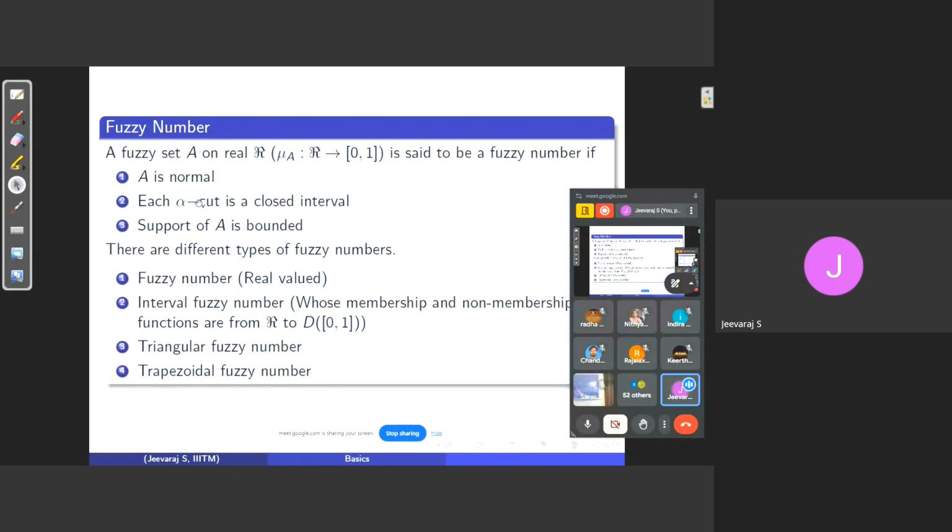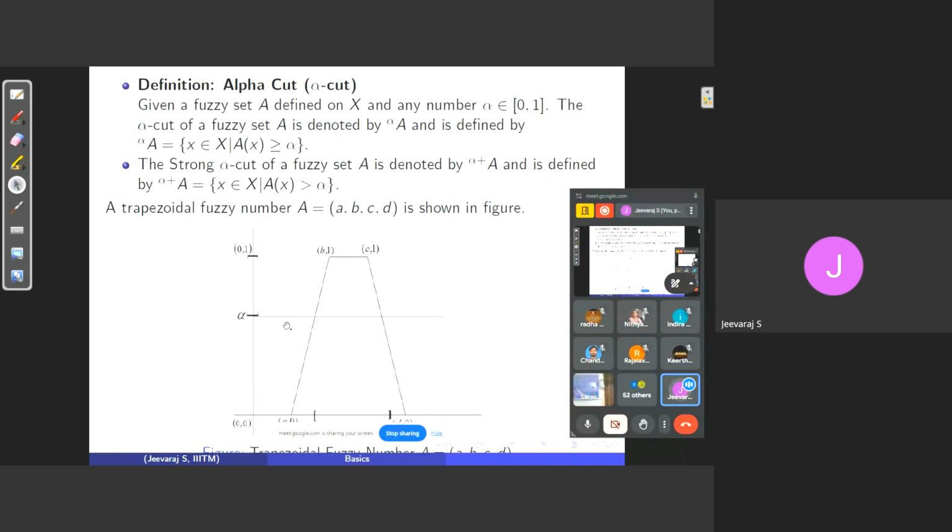Now, alpha cut. Just now we have discussed the definition of alpha cut. Each alpha cut should be a closed interval for every value of alpha in the closed interval [0, 1]. For example, you consider this. For this specific value of alpha, the alpha cut is basically the closed interval. Suppose you consider the alpha cut here. For this alpha cut, again you consider this as a straight line.